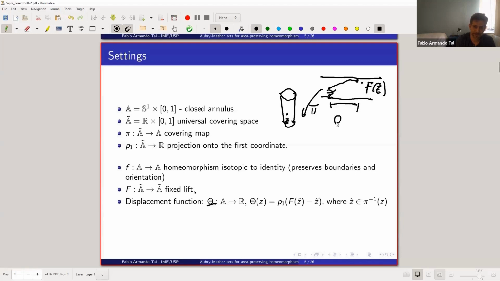This distance is the theta of Z. It just depends on Z, it doesn't depend on Z tilde. So it just measures how much you moved on the universal covering to the right or to the left.